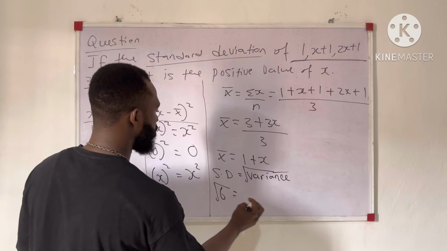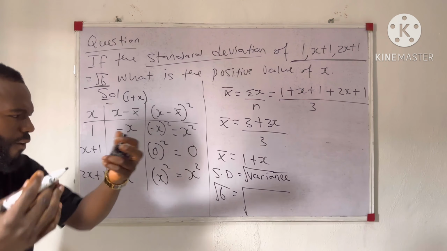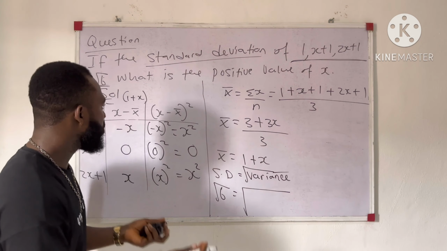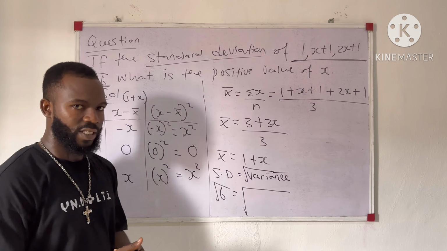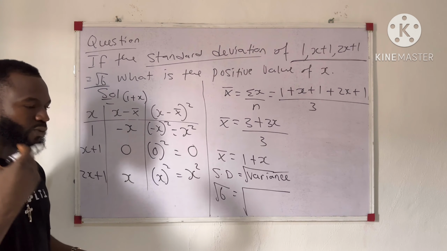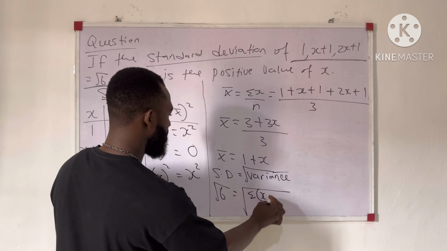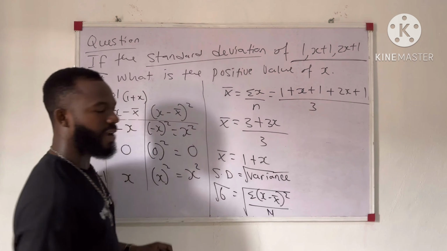Now the question is, what is the formula for variance? You know, there are two formulas. One, when the data involve frequencies, and another when the data does not involve frequency. As we all know, there is no frequency here, so I'm going to apply the formula for variance when there is no frequency, which says sigma x minus mean all raised to the power of 2 over n.